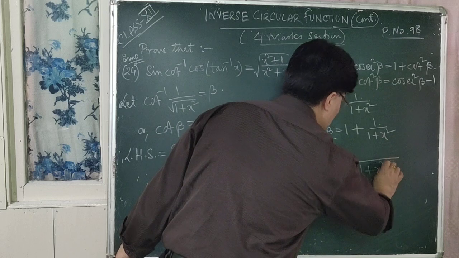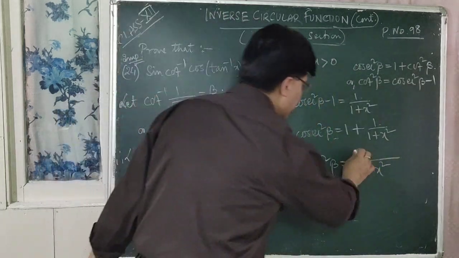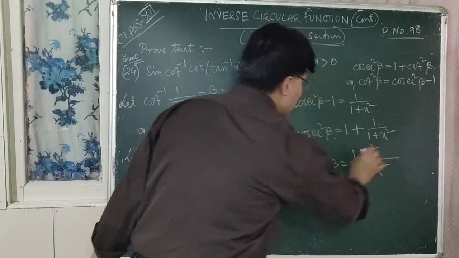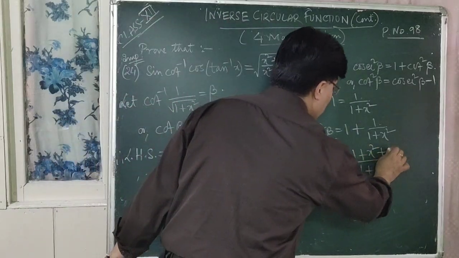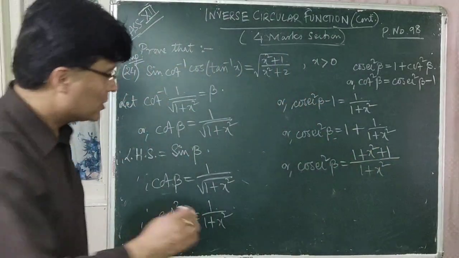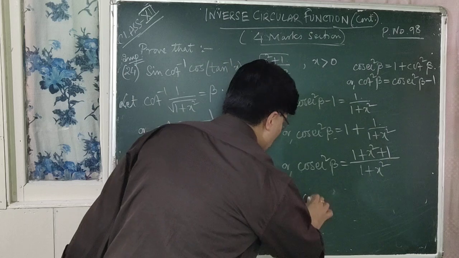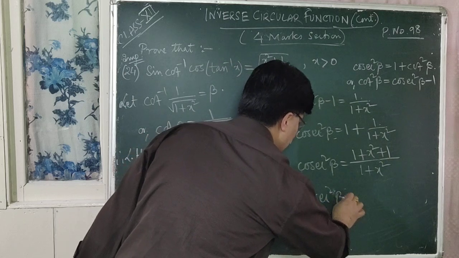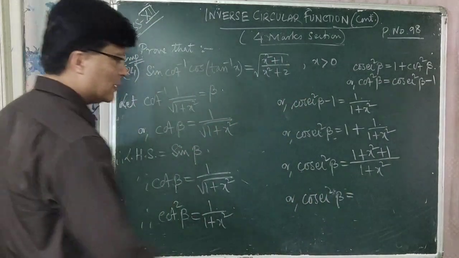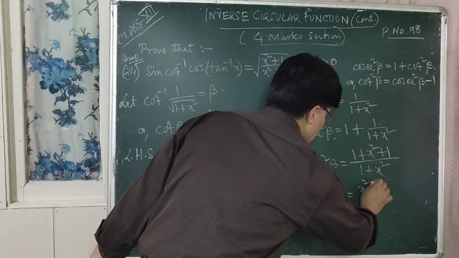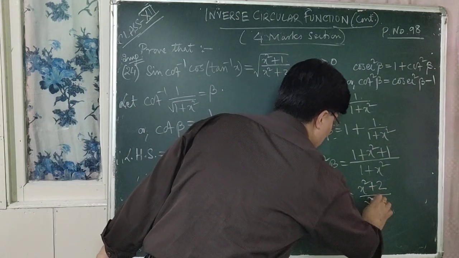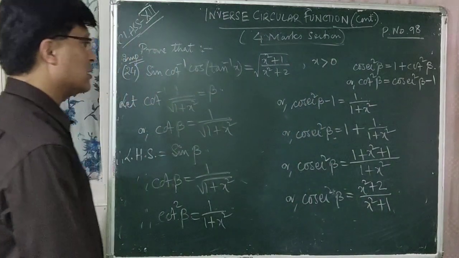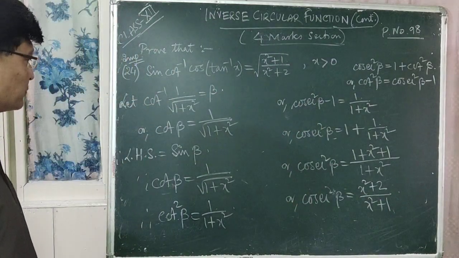It is 1 plus x square. So 1 plus x square into 1 plus x square, then write down plus 1, right? So now let us simplify it. Cosec square beta is equal to, how much is that? It is x square plus 2 divided by x square plus 1, right?